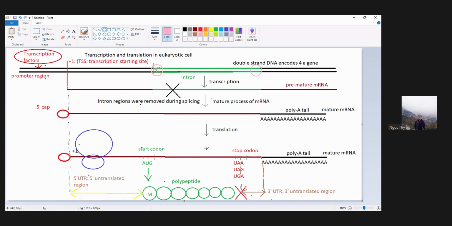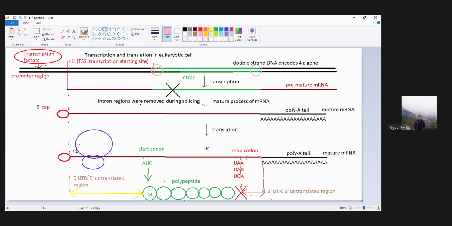The variant, the DNA sequence in the intron here, might have an effect on the spliceosome and decide which exon to put in the mature mRNA and which exon will be skipped during the splicing process.